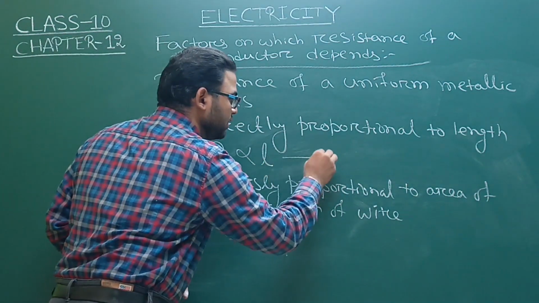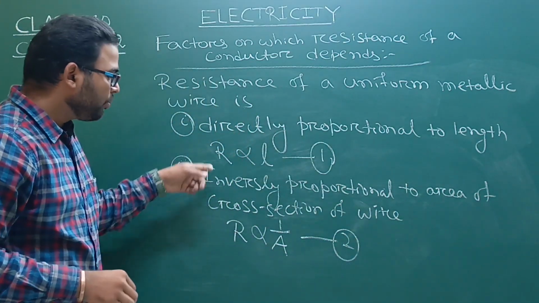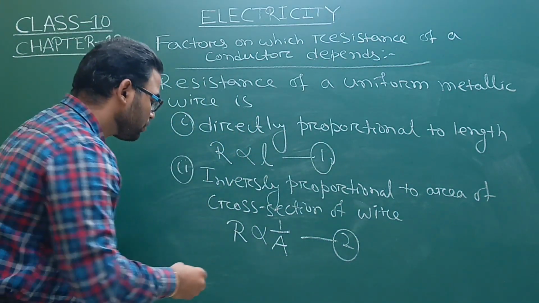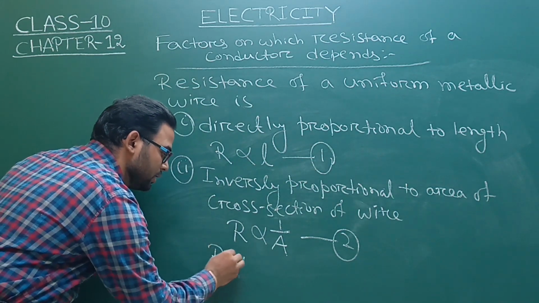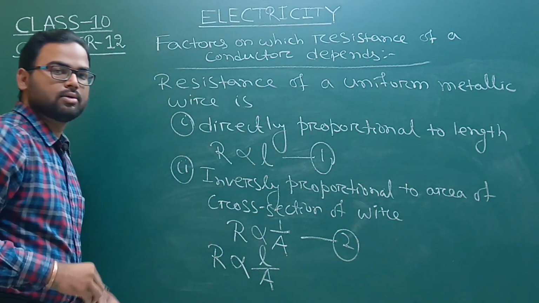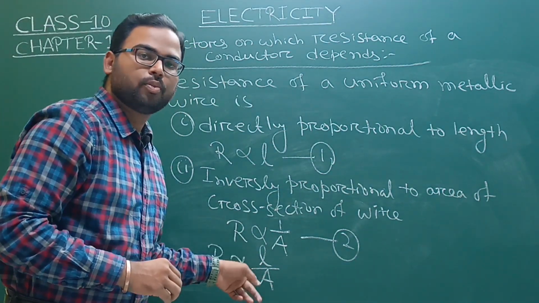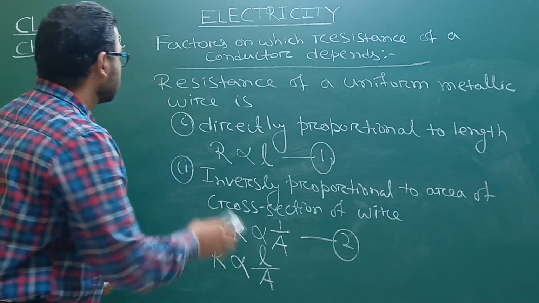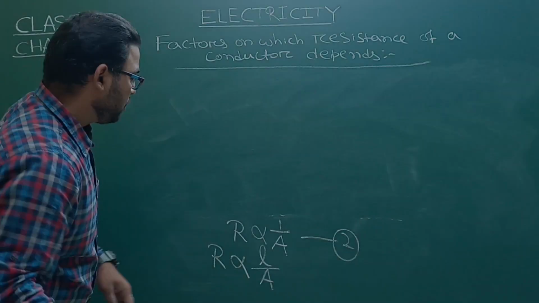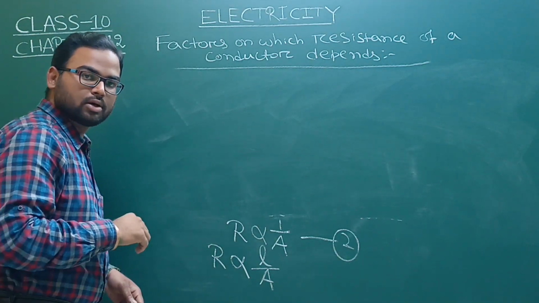So if this is equation 1 and this is equation 2, and we combine these two equations, what do we get? R is proportional to length upon area. Okay, resistance is proportional to length upon area. So if we want to remove this proportionality, then we have to multiply by a proportionality constant.